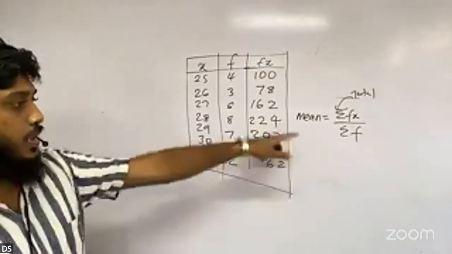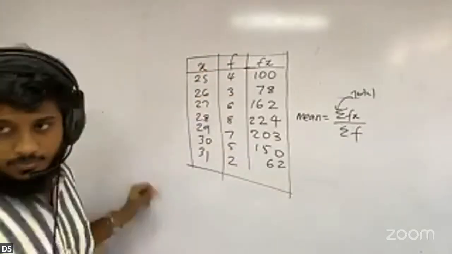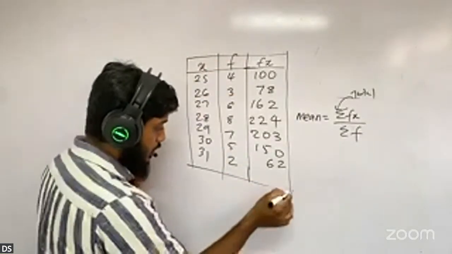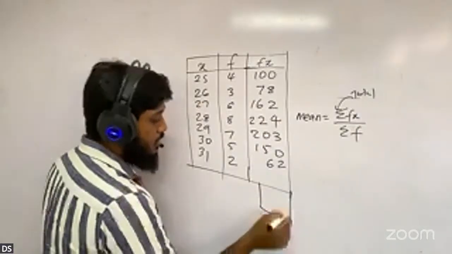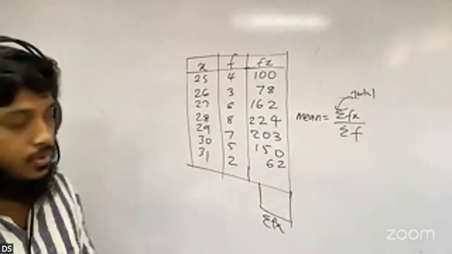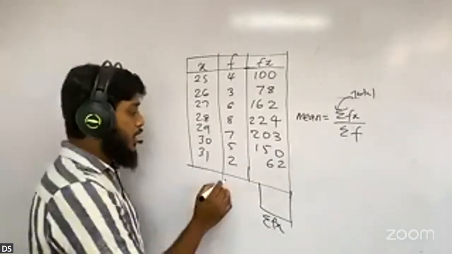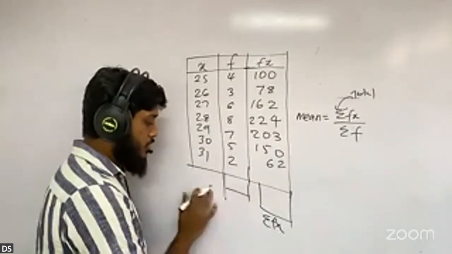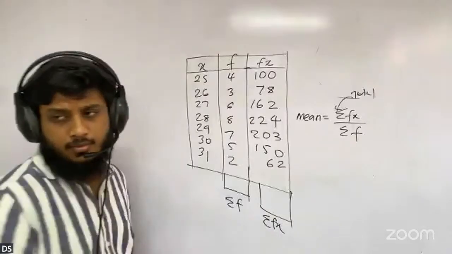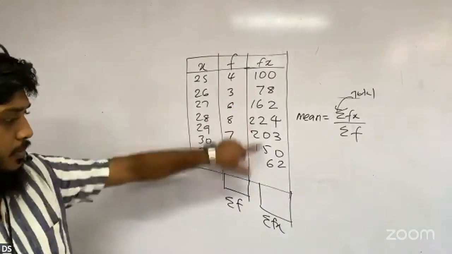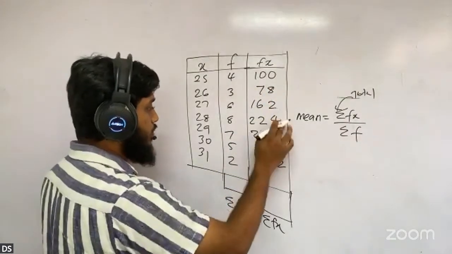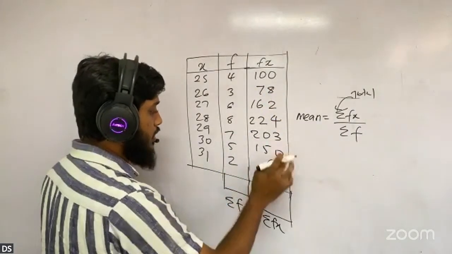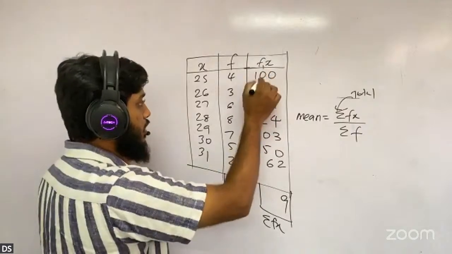Now how to find the mean? You add all the fx together. If you add all these together, this is known as sigma fx. If you add all the f together, that is known as sigma f. 8 and 2, 10. 10 and 4, 14. 14 and 3, 17. 17 and 2, 19. 1 remainder, 1 and 7, 8.